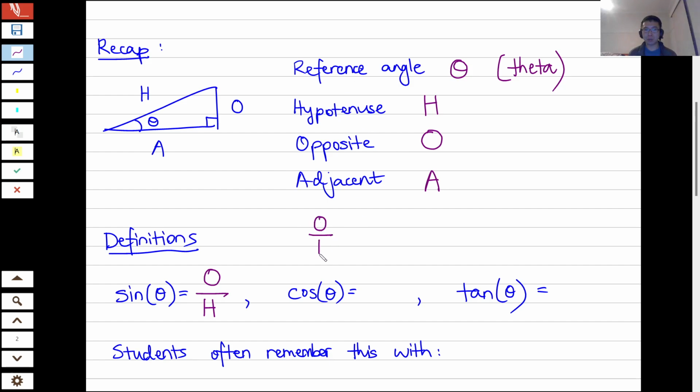And just as a reminder, when I write a fraction, this means division. Next, cosine. I'm going to define this to be the adjacent, capital A, over the hypotenuse, H, and tan, we're going to define it to be O divided by A.